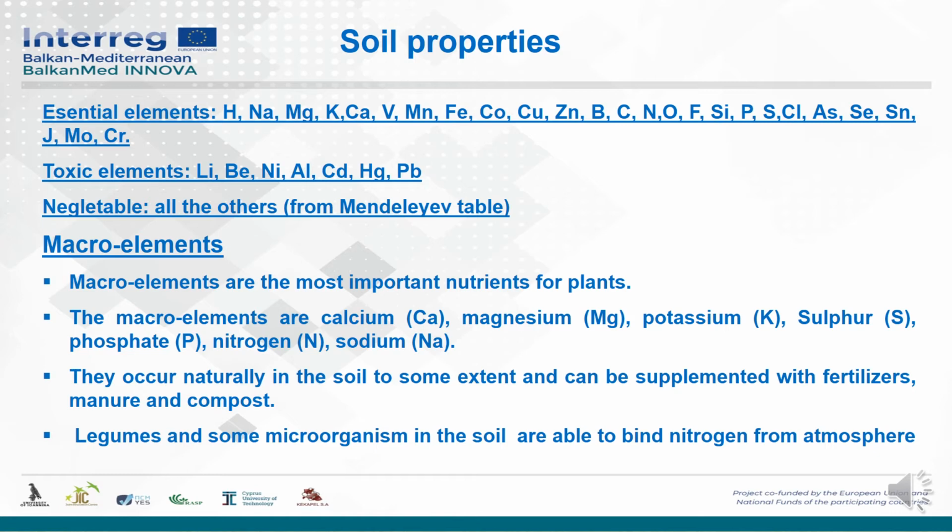There is a list of elements that are toxic to plants like lithium, beryllium, lead, aluminium, cadmium, and mercury. There are some other elements that are natural and negligible.